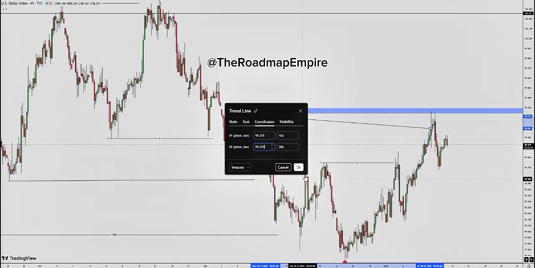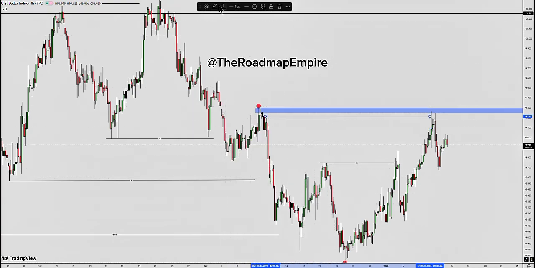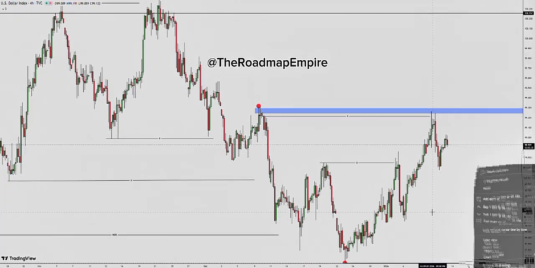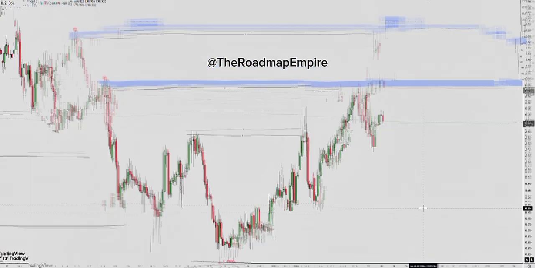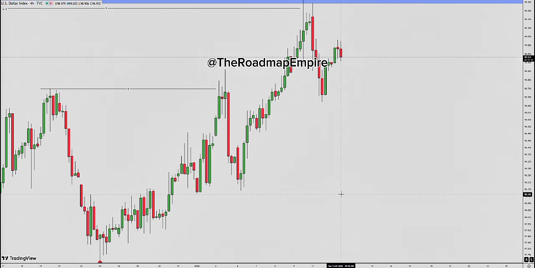Let's say EURUSD should be a buy, GBPUSD should be a buy, USDJPY should be a sell, AUDUSD should be a buy, NZDUSD should be a buy.